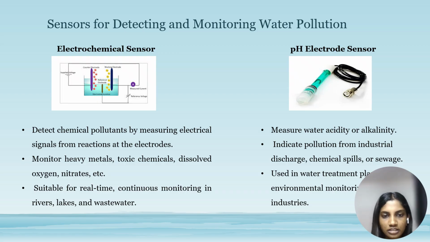Then it will monitor the heavy metals and toxic chemical, dissolved oxygen, nitrates, and etc. It will be suitable for the real-time continuous monitoring in rivers, lakes, and wastewater. The pH electrode sensor measures water acidity or alkalinity. Then it will indicate pollution from industrial discharge, chemical spills or sewage. It will be used in water treatment plants, environmental monitoring, labs, and industries as well.